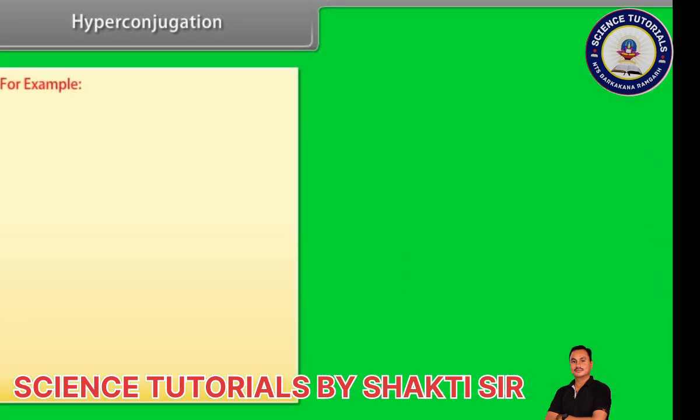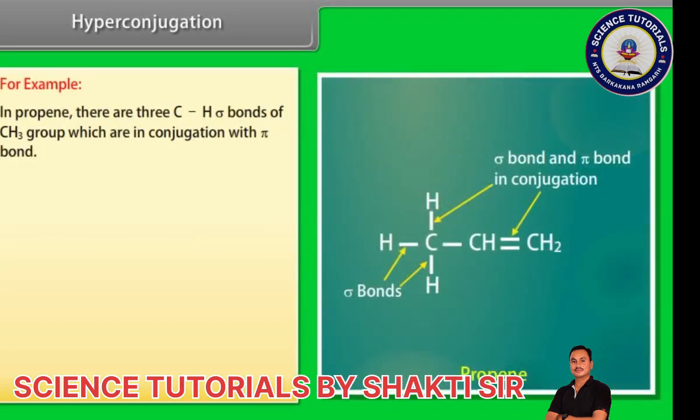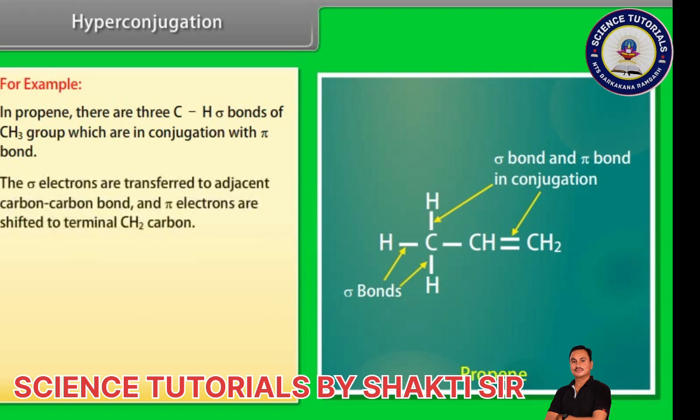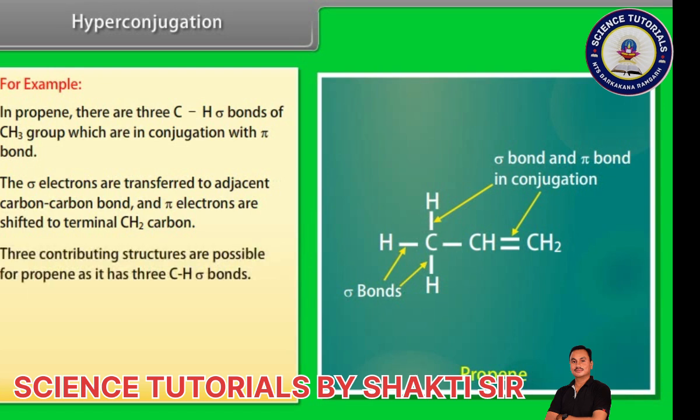For example, in propene there are 3 C-H sigma bonds of the CH3 group which are in conjugation with the pi bond. The sigma electrons are transferred to the adjacent carbon-carbon bond and pi electrons are shifted to the terminal CH2 carbon. 3 contributing structures are possible for propene as it has 3 C-H sigma bonds.